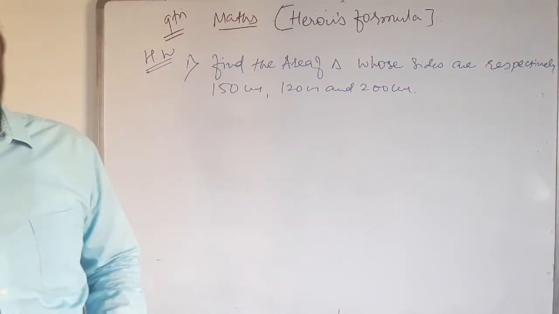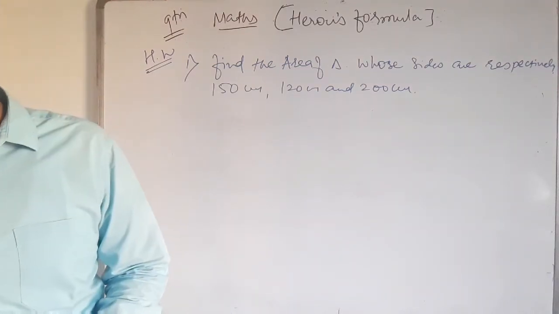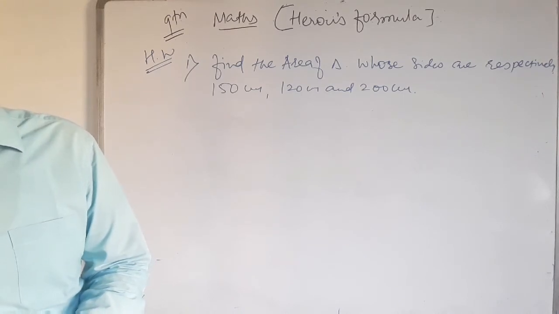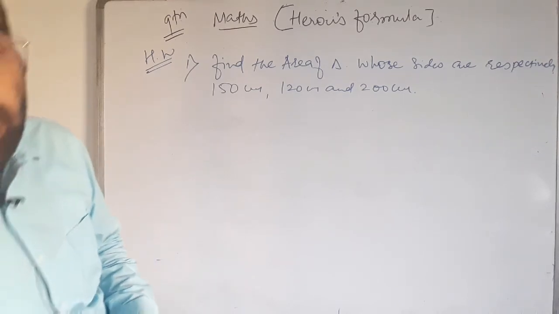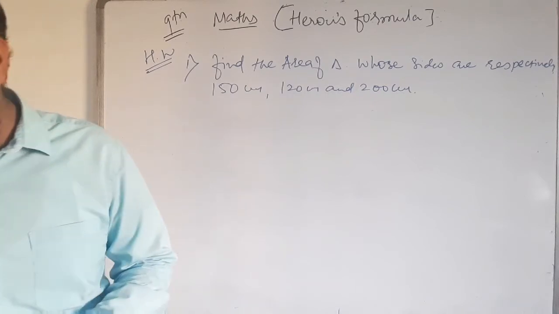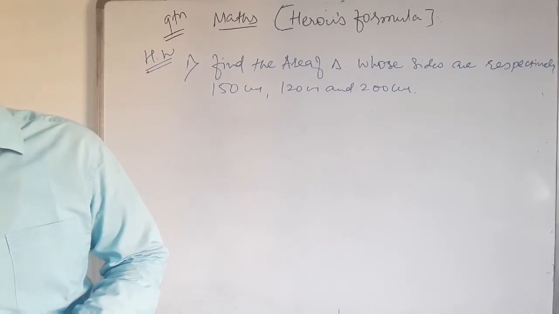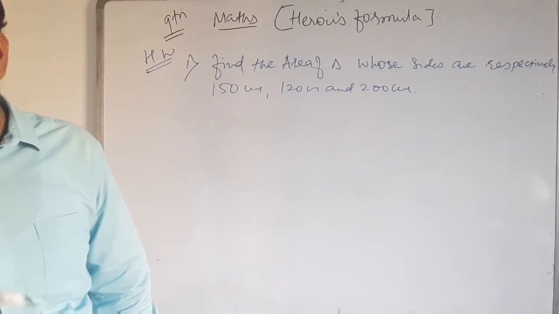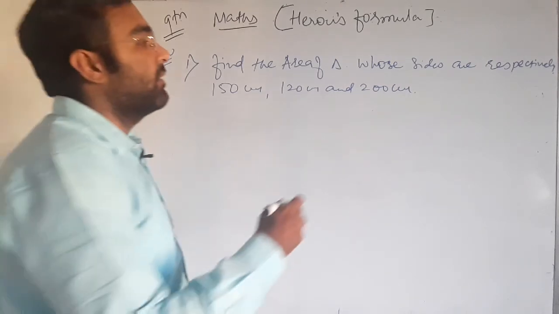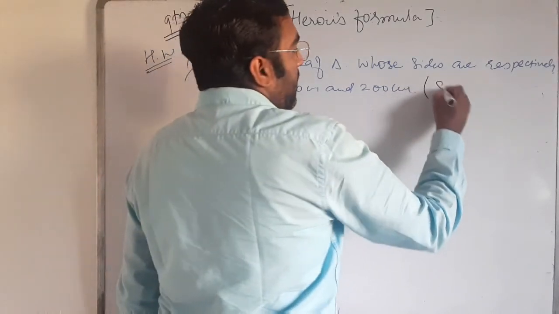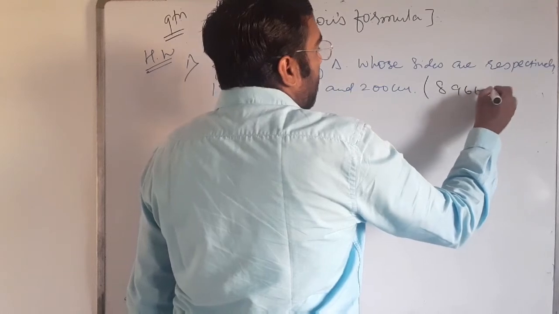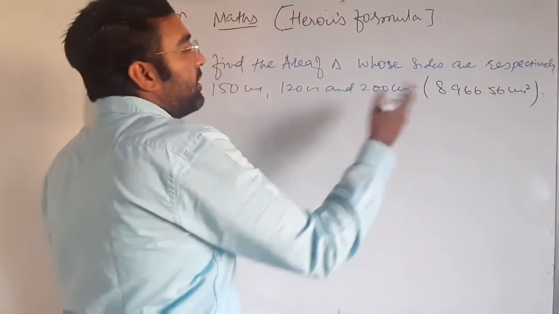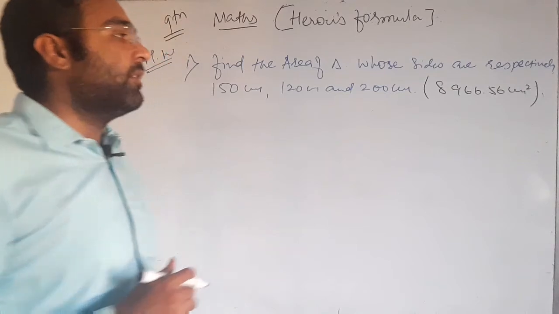So your answer will be, please note down the answer also: 8966.56 centimeter square. Here the answer is in decimal point.